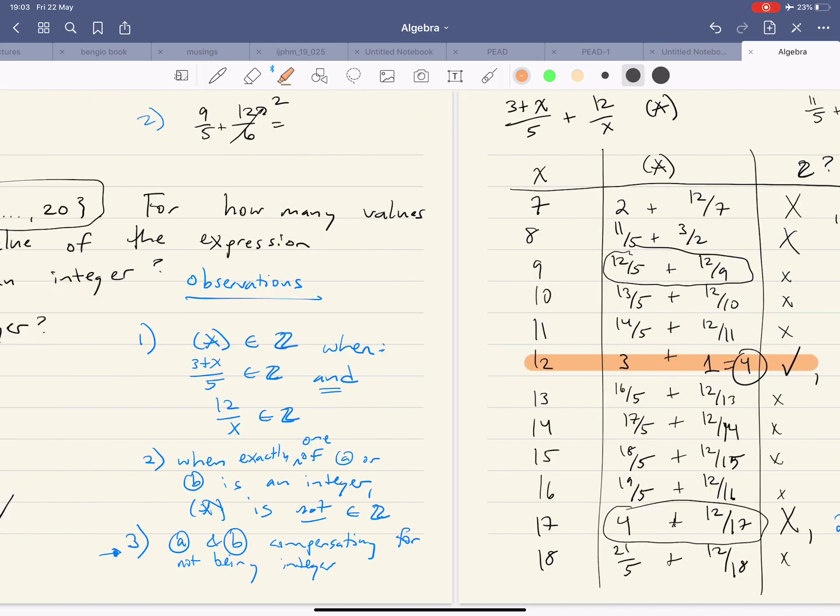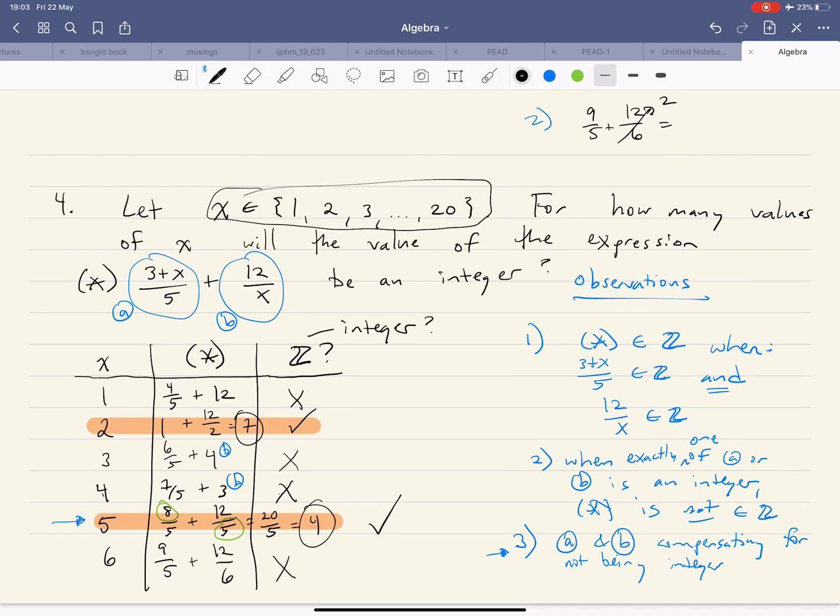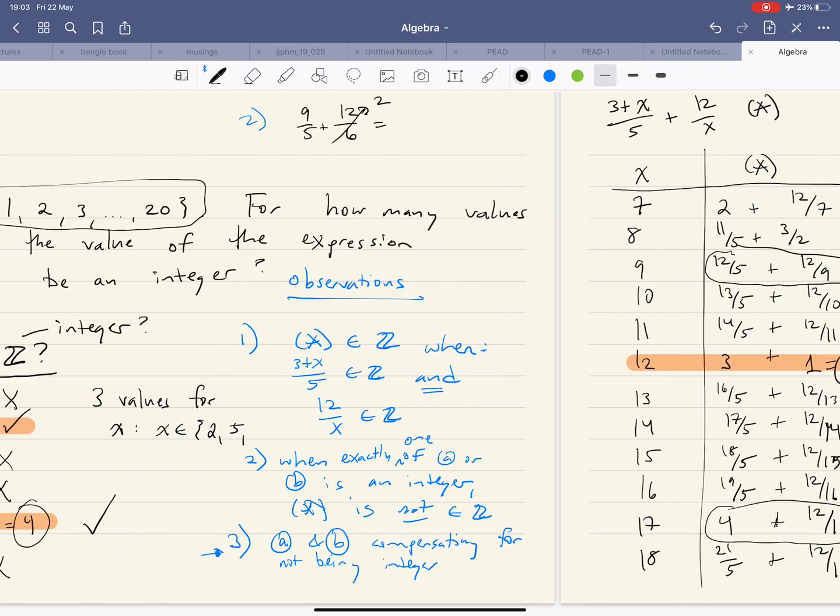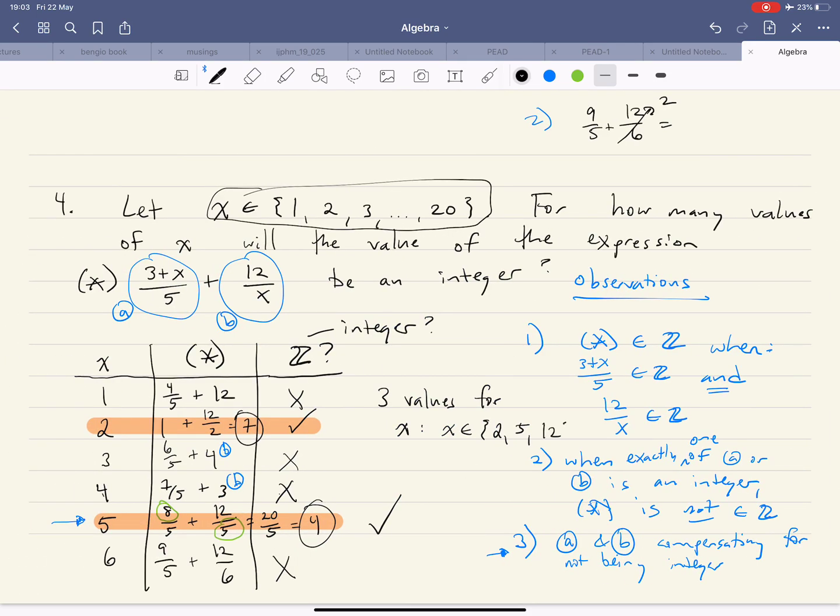So that's 3 of them. 3 values for x, and they are x's in the set 2, 5, and 12.